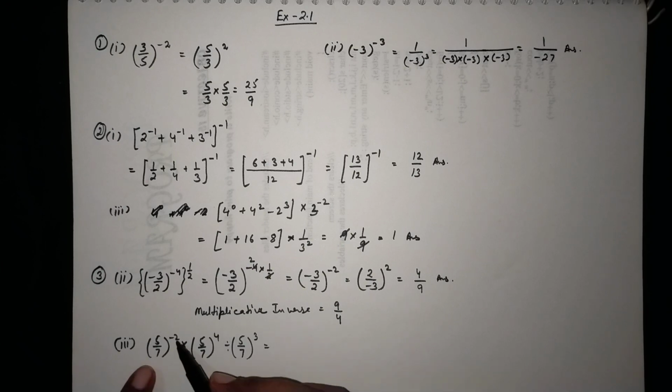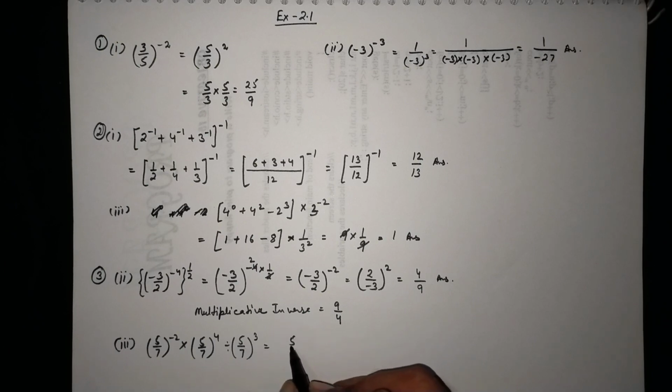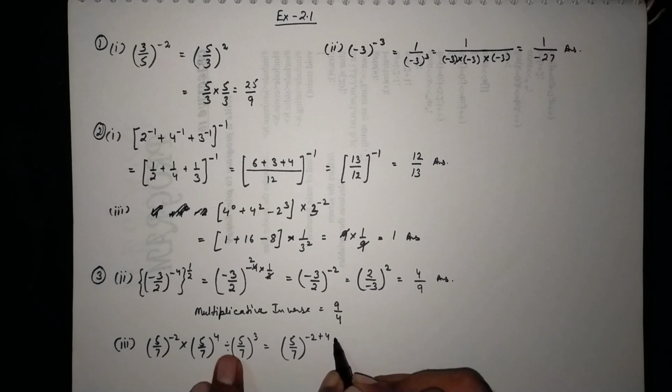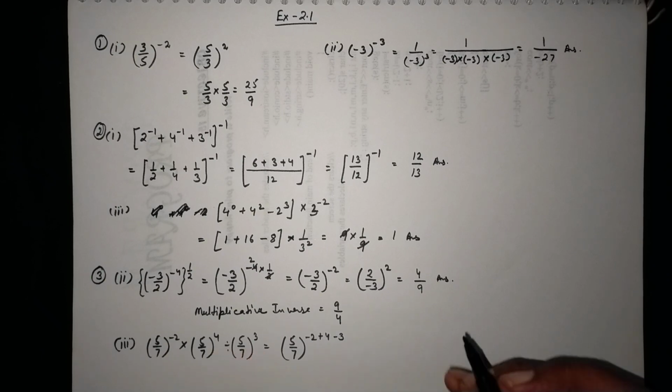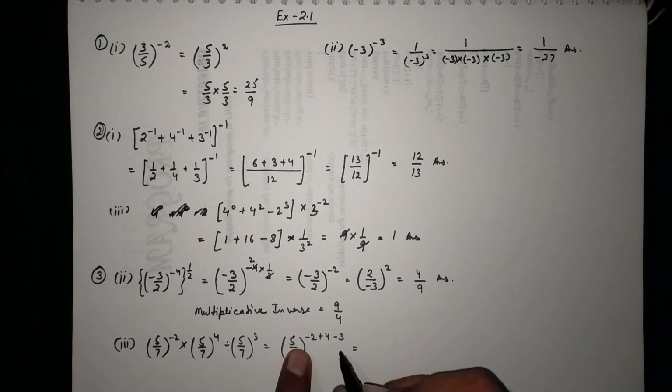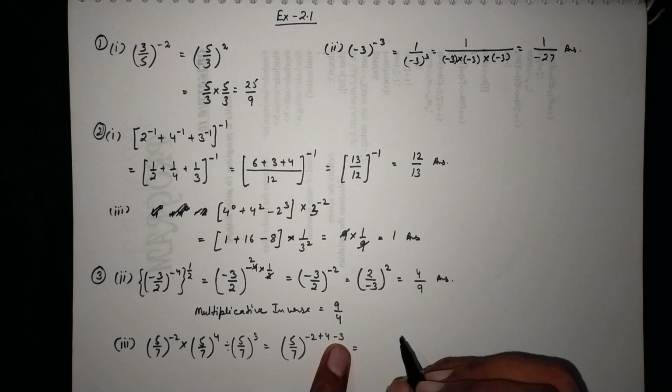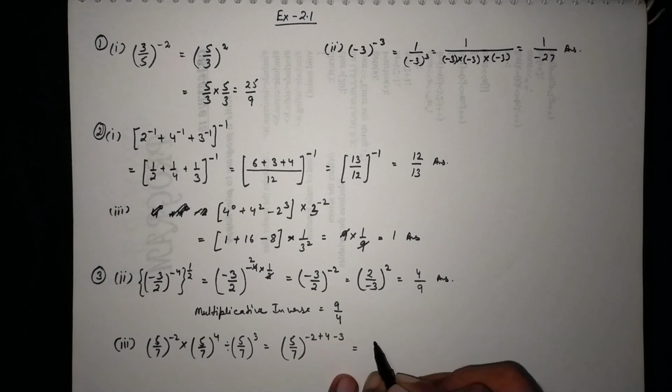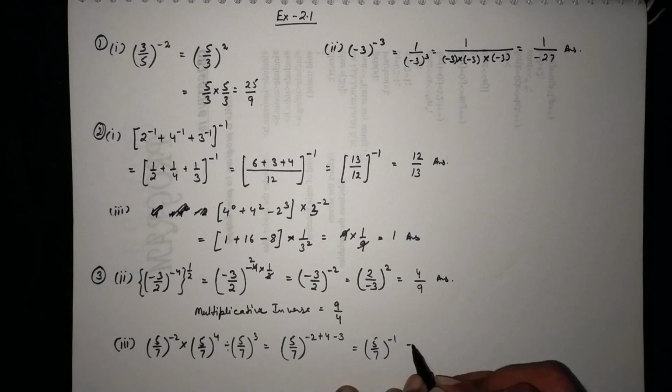So we can add these two powers and subtract this one. So this will become 5 upon 7 whole to the power minus 2 plus 4 and minus 3. So here minus 2 and plus 4, that is plus 2, and this one minus 1. 5 upon 7 to the power minus 1 equals 7 upon 5. This we have got as a normal answer.